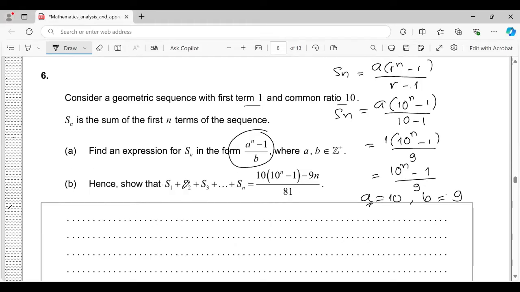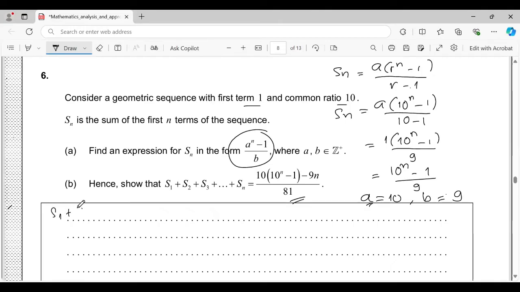Now show that S1 plus S2 plus S3 and so on up to Sn, this expression. Okay. S1 is 10.